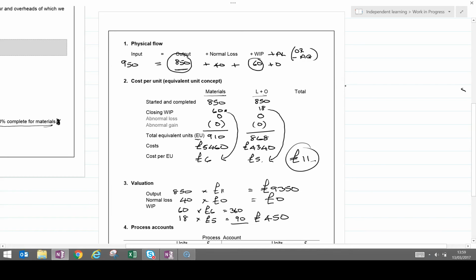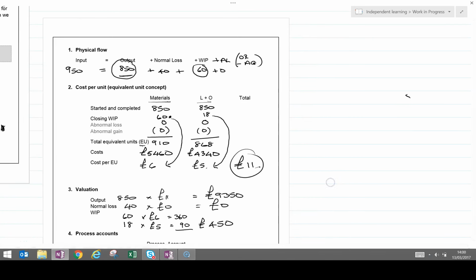If I can add just one other thing, in this example we were told that the losses had no scrap value. If you do have a scrap value, then the material cost that you entered, so in this example we entered 5460 as our material cost, that material cost is reduced by the scrap value of your normal loss. Okay, so if I just make a note of that.